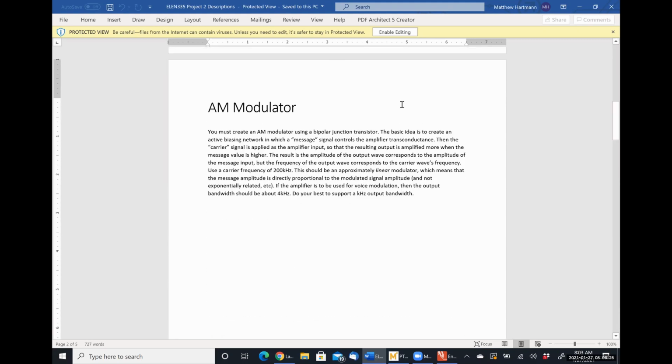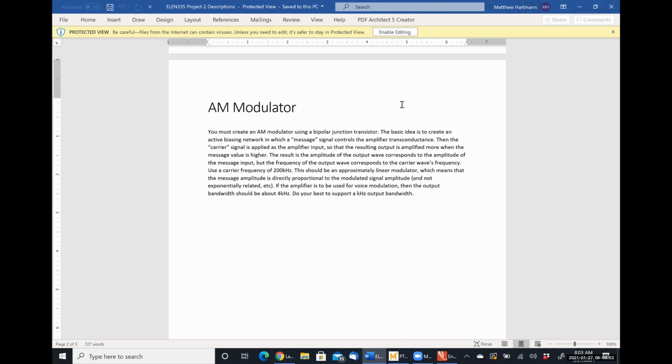The next option is an AM modulator using a BJT. Create an active biasing network in which a message signal controls the amplifier transconductance. Then the carrier signal is applied at the amplifier input so that the resulting output is amplified more when the message value is higher.